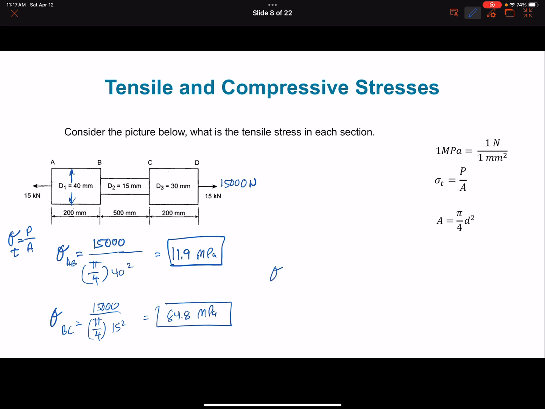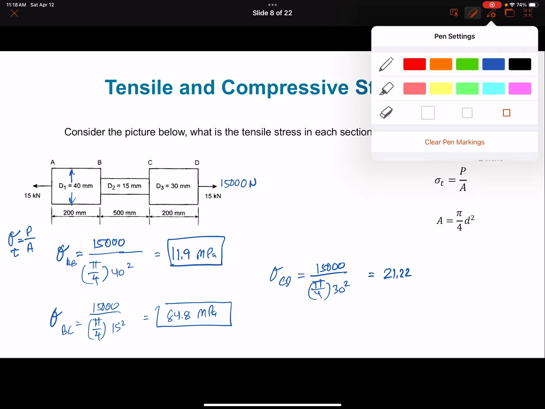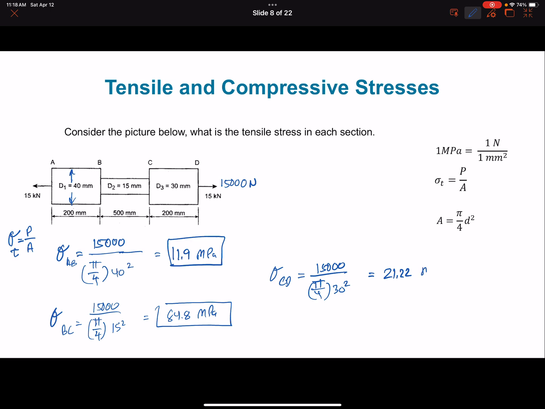And sigma CD would be 15,000 over pi over 4 times 30 squared. Sigma CD would be 21.22 megapascals. I was going to write newtons per millimeter squared, but it's better to write megapascals. And those are our three.